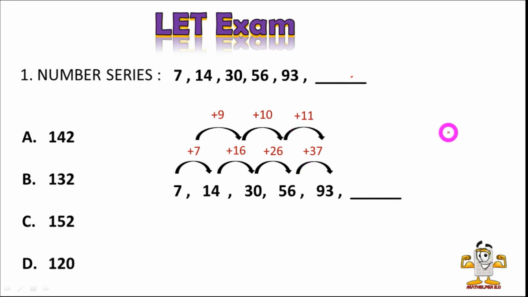So, ibig sabihin, yung next nating i-add is 12. So, 37 plus 12 is 49. So, i-add natin yung 93 plus 49 equals to 142. So the correct answer is letter A.